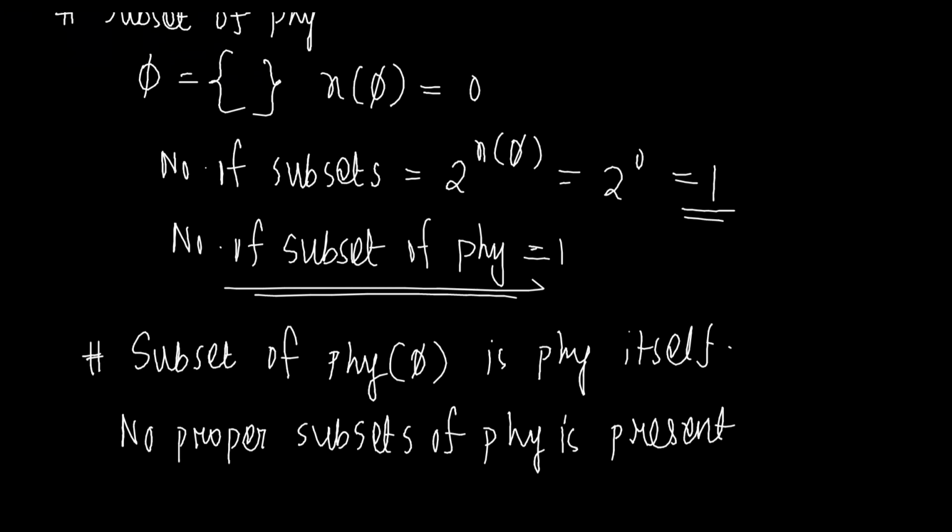We have done the subset and proper subset definitions, and then what the number of subsets and the number of proper subsets will be. We have taken some examples to understand that, and then some important things that need to be remembered. I think you have understood and can easily solve the problems.